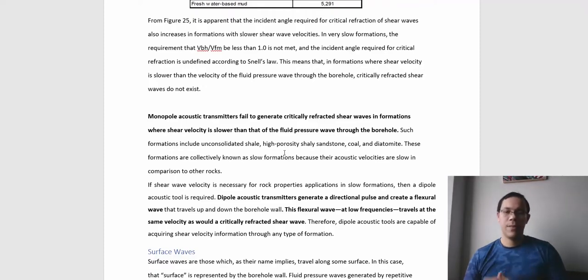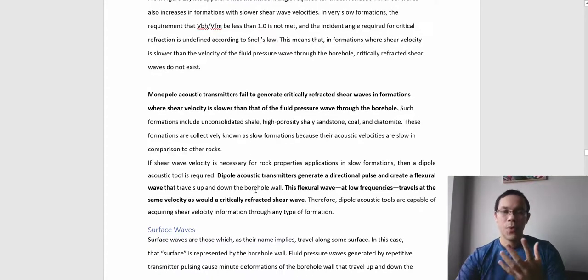Monopole acoustic transmitters fail to generate critically refracted shear wave information where shear velocity is slower than that of the fluid pressure wave through the wellbore. When that condition is present, your monopole cannot generate your critically refracted shear wave. Then you need a dipole, which will do that in all formations.